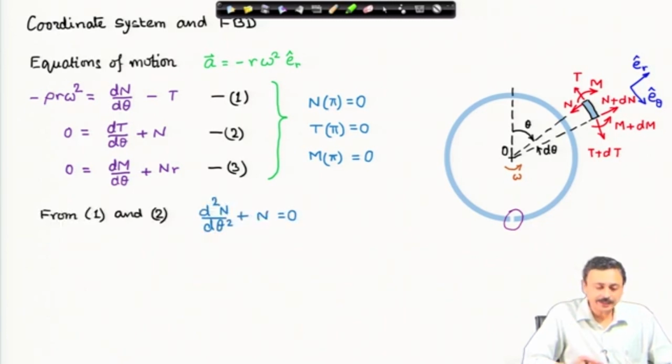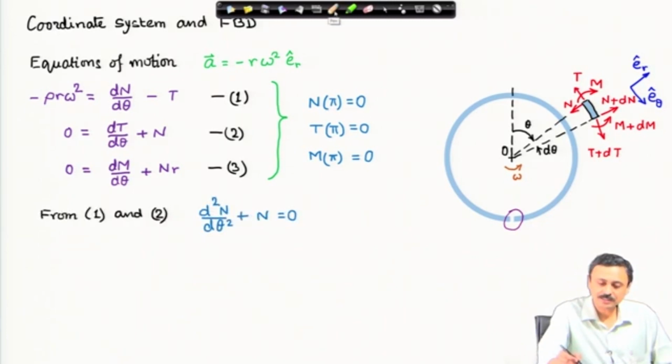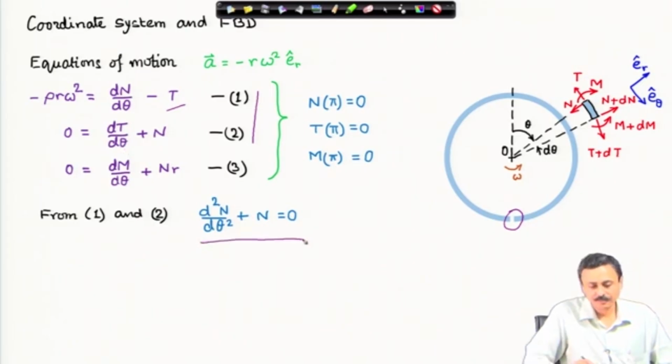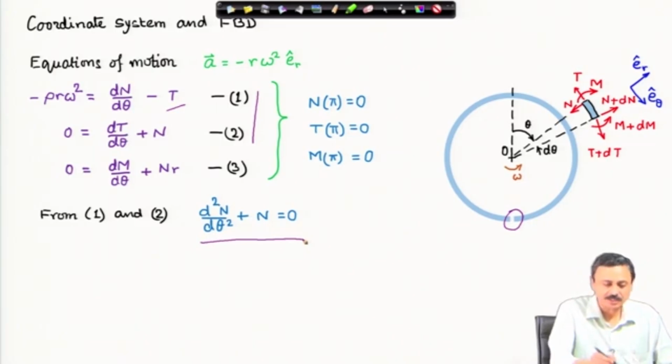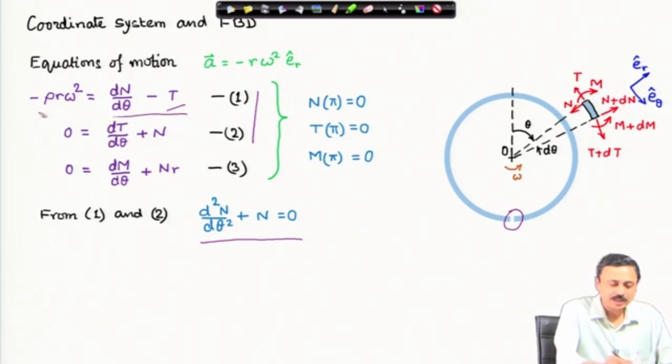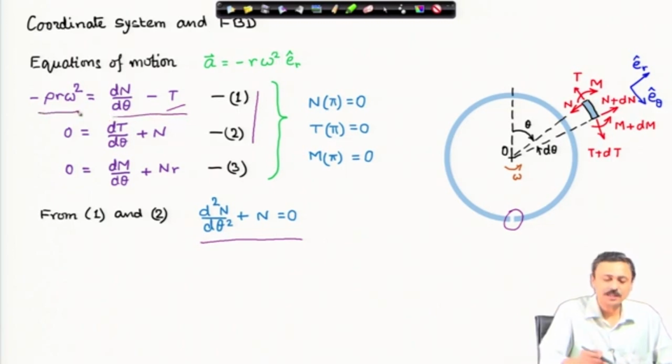I start integrating, but I first simplify using these 2 equations 1 and 2. I eliminate t, and I get an equation for dn d theta. If I just differentiate this with respect to theta, the left hand side is not a function of theta.